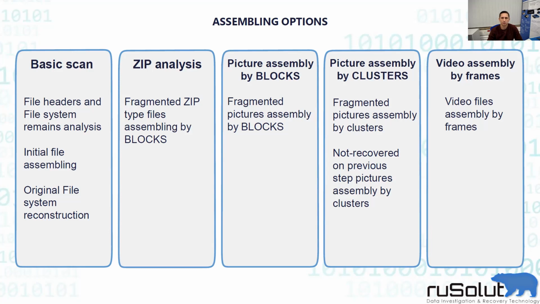Then another option is a zip analysis. In that step, fragmented zip files could be assembled by blocks. Then we have two modes for pictures. The first one is assembling pictures by blocks. And if you want to get more pictures, if you believe that not all pictures are recovered, then you can run assembling pictures by clusters.